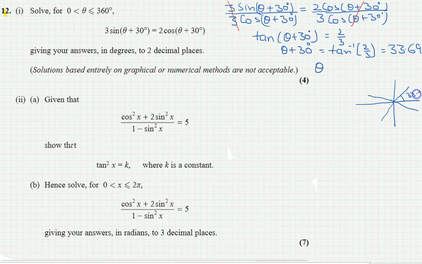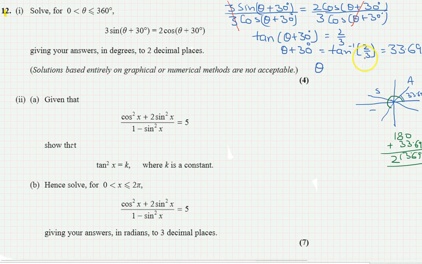This is 33.69. That is in 0 to 360. So one angle is this, and another angle will be 180 plus 33.69. You can use calculator. 213.69.